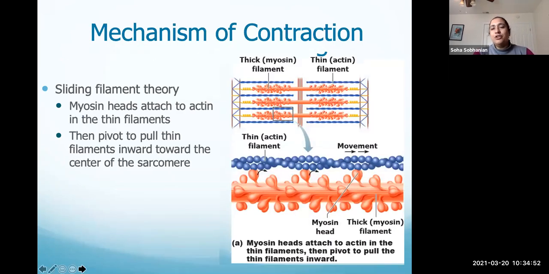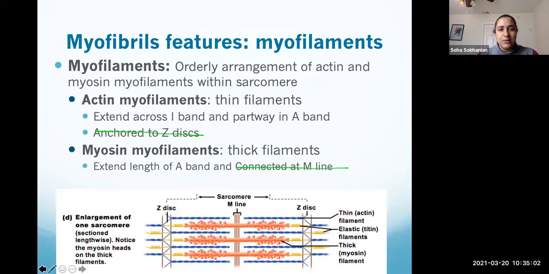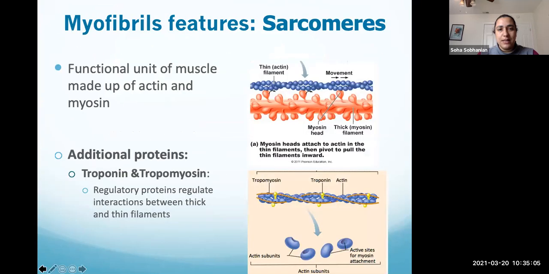So, mechanism of contraction. We talked about the fact that myosin and actin are interacting with each other, right? That's basically what muscle contraction is. So I'm going to go back a couple of slides here. In this picture, you can see a difference in the thickness. The blue beaded structure is your thin filament, or actin.